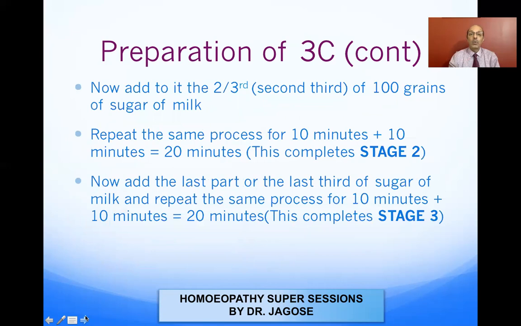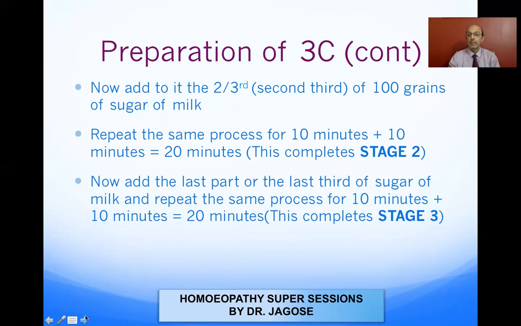Now, to whatever you prepared in the mortar, you add the second third of the 100 grains of sugar of milk. Repeat the same process for 10 minutes plus 10 minutes, that is 20 minutes, as described previously. And so stage 2 is complete. Now add the last third of sugar of milk and repeat the same process for 10 minutes plus 10 minutes, that's 20 minutes.